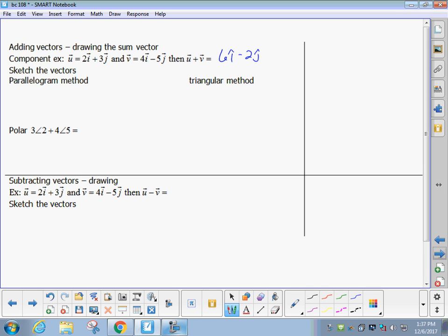Now, in terms of drawing this, you commonly don't just draw the result, but you draw the relationship between all three, the two vectors that came together to make this combination vector. There really are two methods. If you draw the parallelogram method, when you draw u, it's right 2 up 3 from the origin. You can draw v from the origin, which is right 4 down 5.